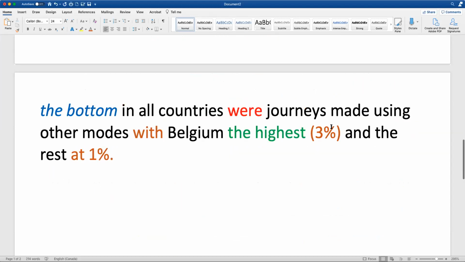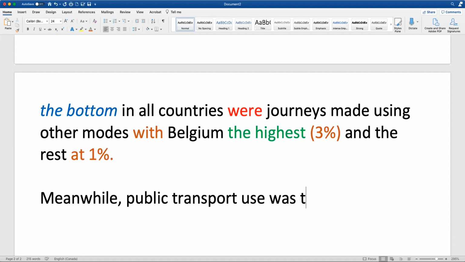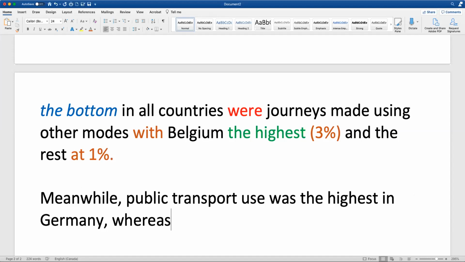I'll say again what I did. I said, meanwhile, this is an example. In Germany, whereas on foot.